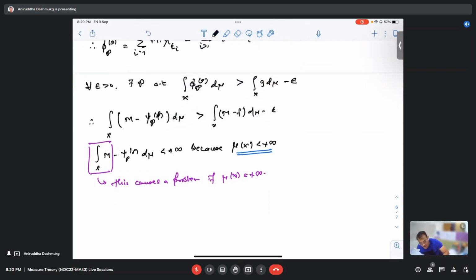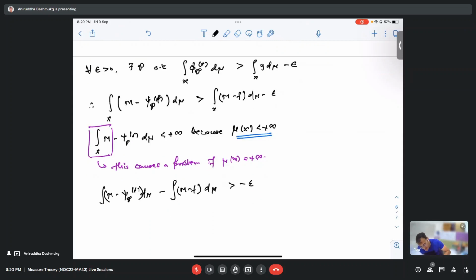Okay. Now what I will do, I will take this on the left hand side. I will do some manipulation. So the integral of m minus C_P f d mu minus the integral of m minus f d mu is bigger than minus epsilon, right?